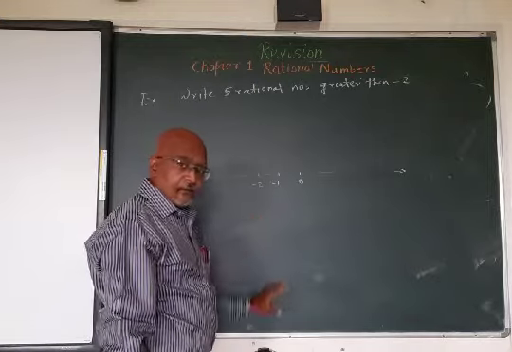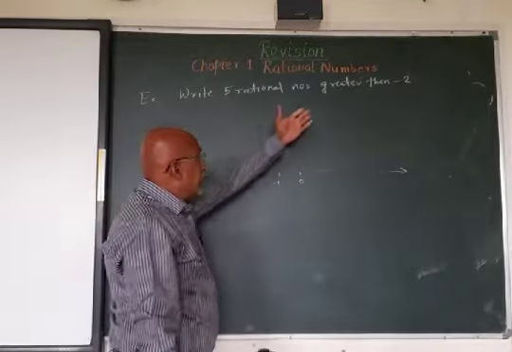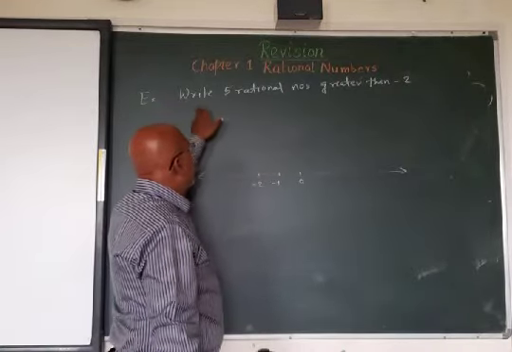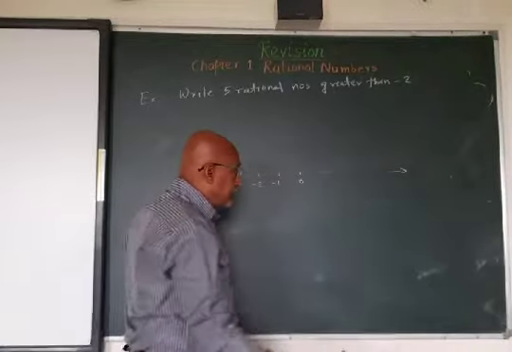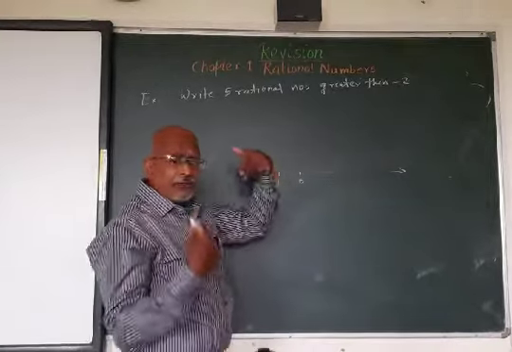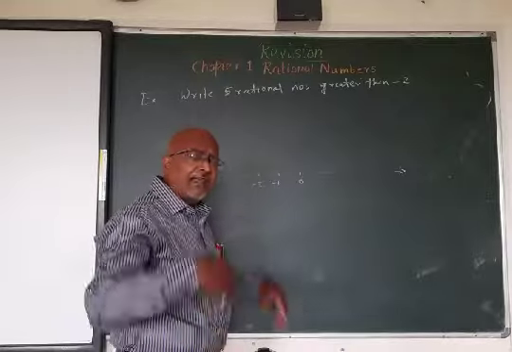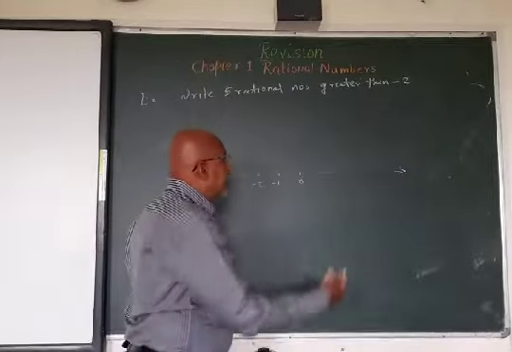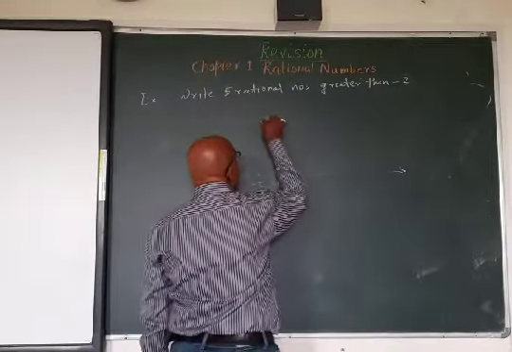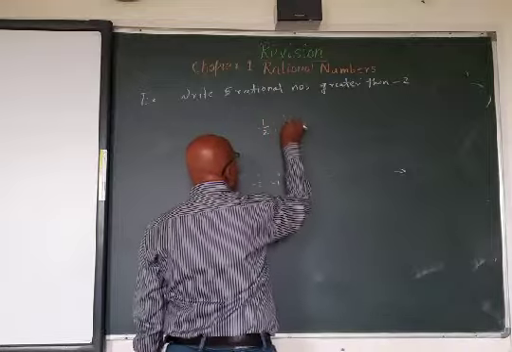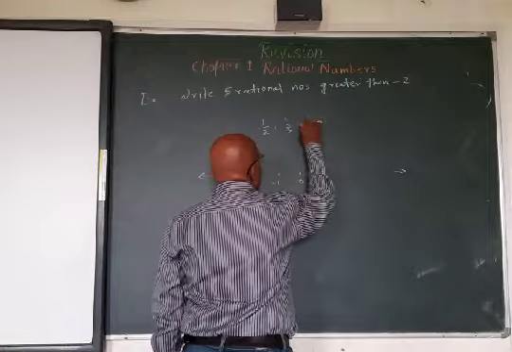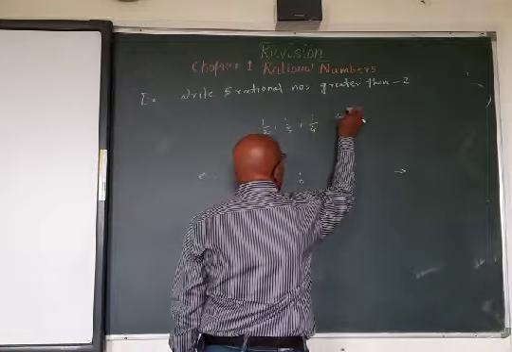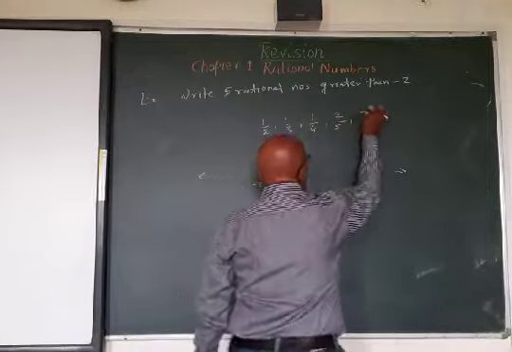So, when it is being said write 5 rational numbers greater than minus 2, you can write any positive rational numbers. For example, say 1 by 2, 1 by 3, 1 by 4, 2 by 5, 7 by 10.